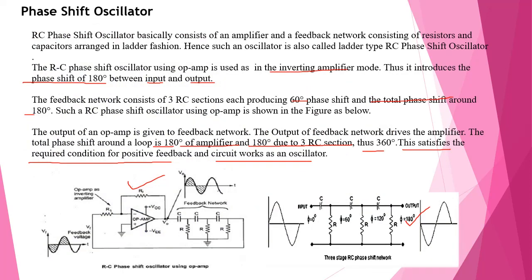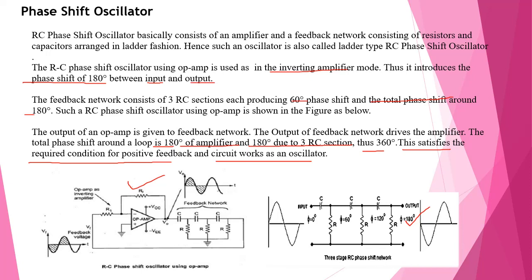Phase shift oscillator. Here we are using the RC phase shift oscillator. The RC phase shift oscillator consists of one inverting op-amp and a three-section RC cascaded network, which is the feedback network.